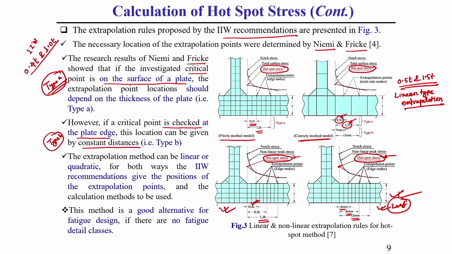That is why IIW and Eurocode 3 are popularly used for calculation of fatigue life using the hotspot stress method. As this hotspot stress method gives very accurate results for fatigue life assessment, it is a good alternative for fatigue design if no fatigue detail classes are available.